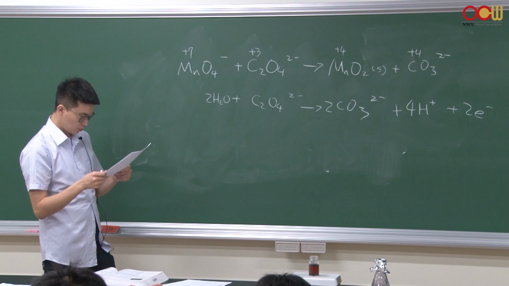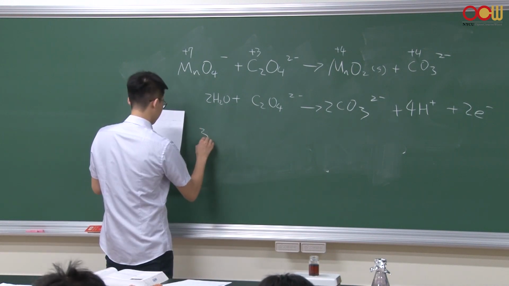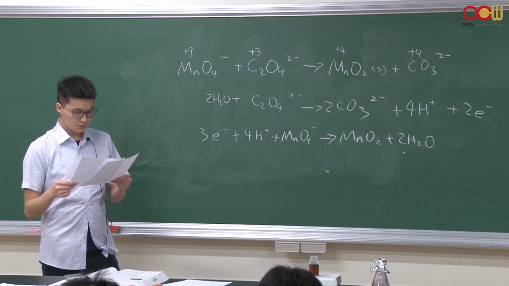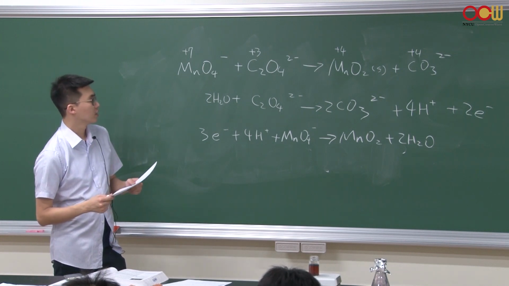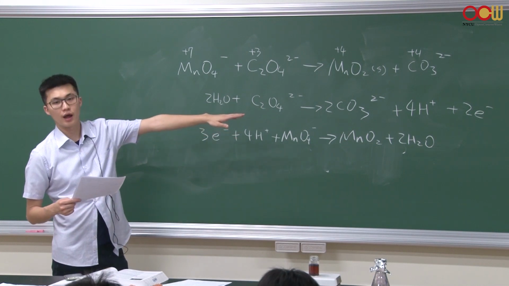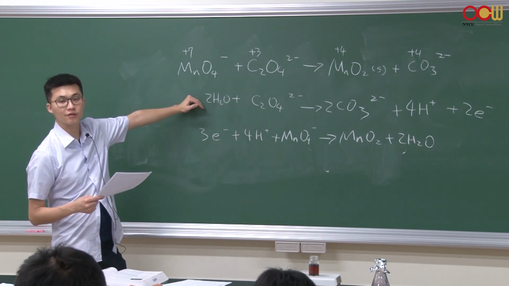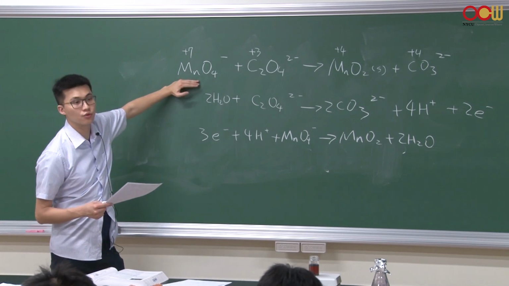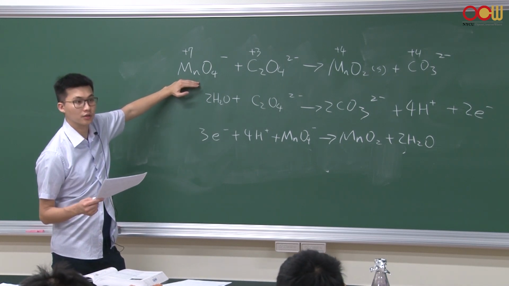If you work it out, you will get this expression. Then you can check, and you simply do what I mentioned before, right? You balance the amount of electrons in your sub-reactions, then you can actually balance your initial redox reaction.